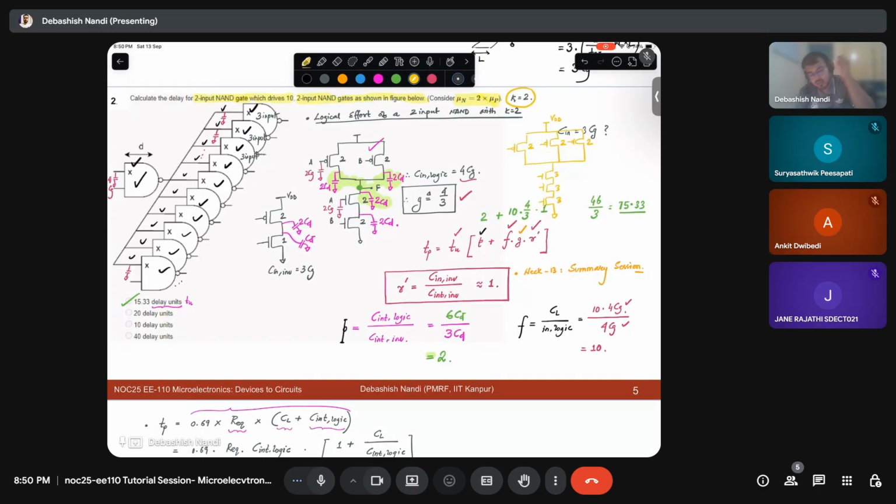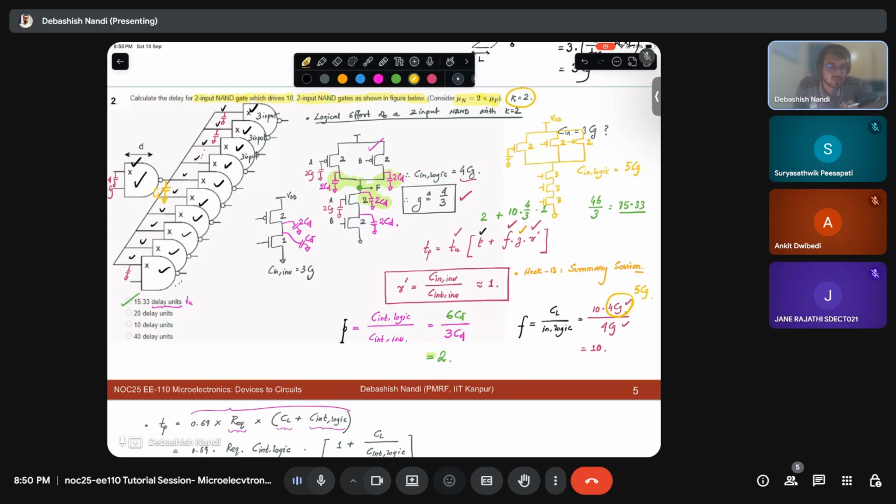So if that is the case, what is your C in logic? That is your 5 CG in this case. So that 5 CG will replace this 4 CG in the CL, because this is the CL that the main gate is looking at.